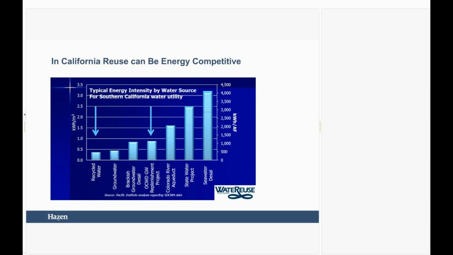I think that there are a lot of commonalities between particularly the arid regions of the United States and, say, the west coast of Australia, with similar climatic conditions, similar water issues, similar water treatment goals.